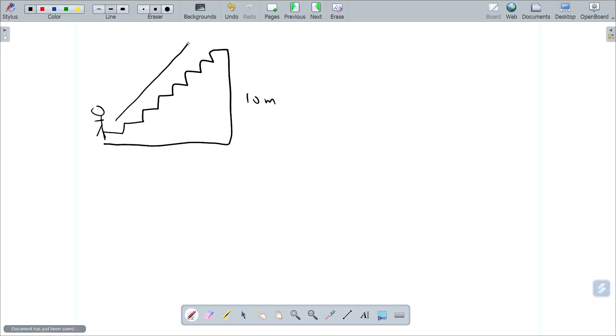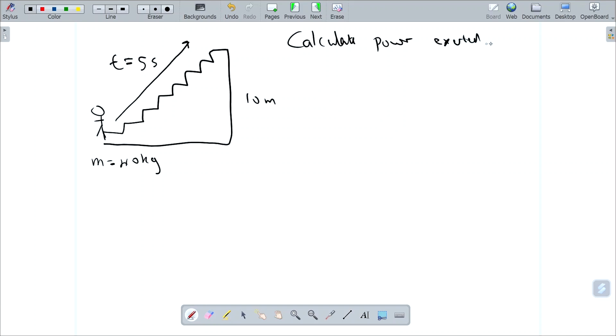The student is going to run up the stairs, and the student will run up the stairs in a time of 5 seconds. The student has a mass of 40 kilograms. So the mass of the student is 40 kilograms. What we want to do is calculate the power exerted by the student.